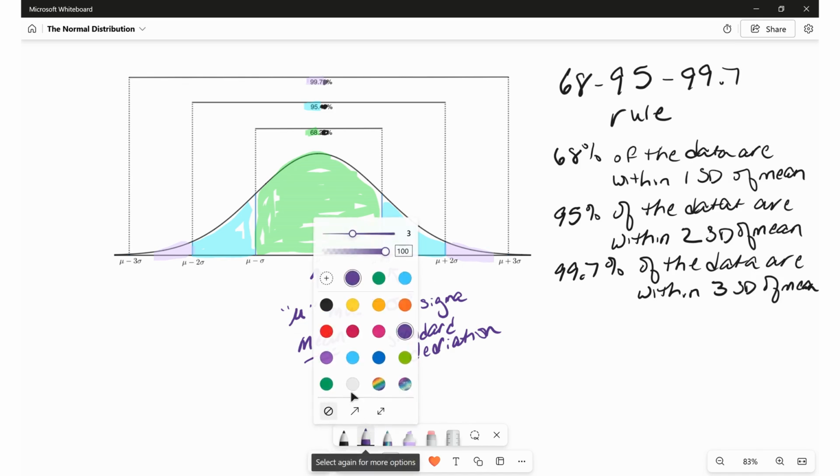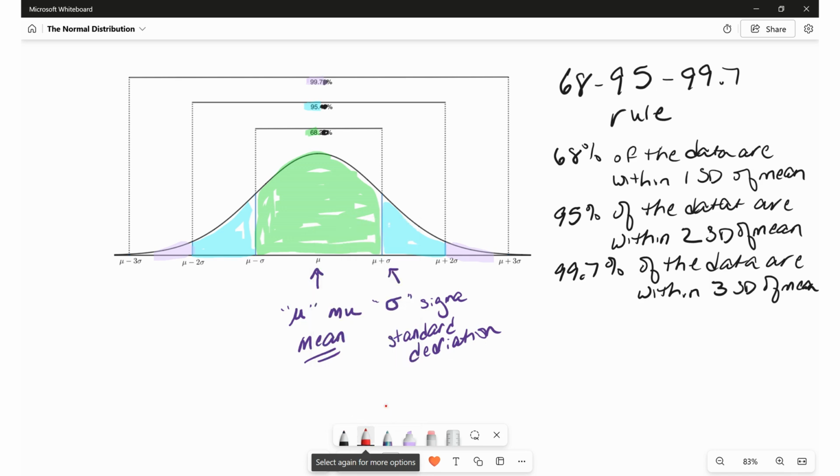Now, something that is really important to keep in mind is that when your data is normally distributed, from the mean this way is 50% of your data, and on this side is 50% of your data.